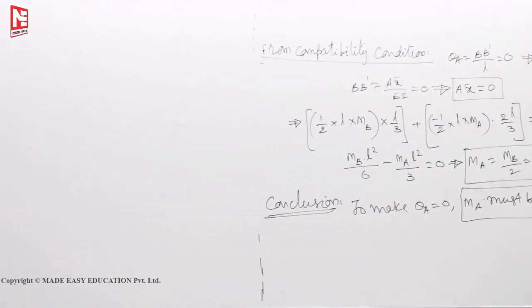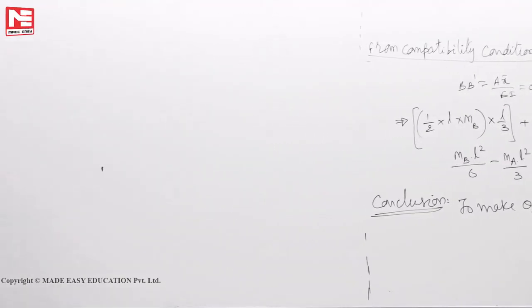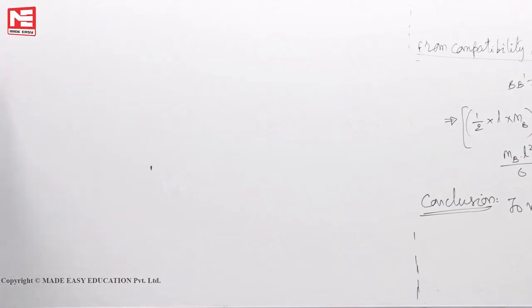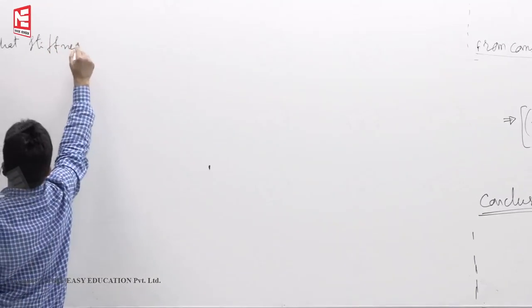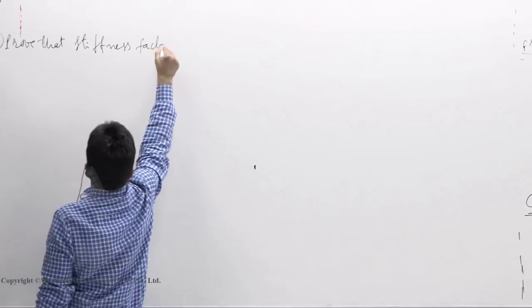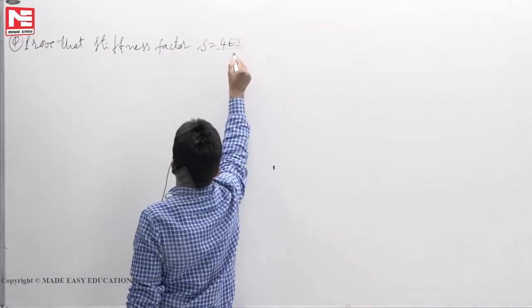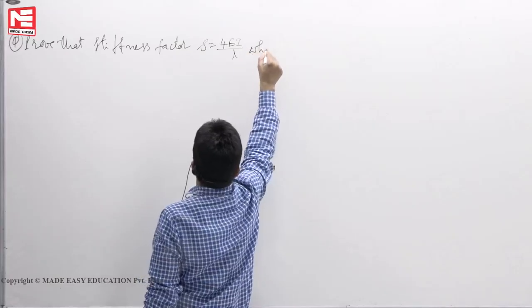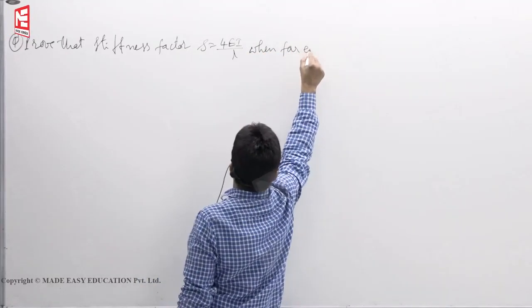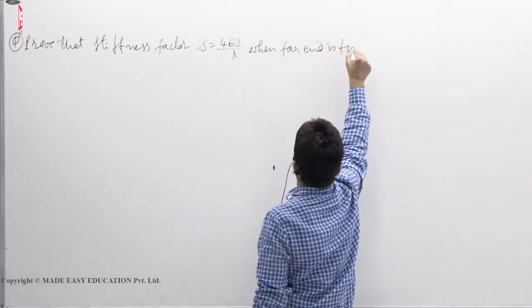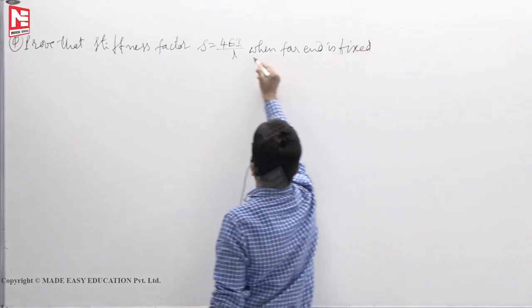Next point is this one. Prove that stiffness factor S is equal to 4 EI by L when the far end is fixed.